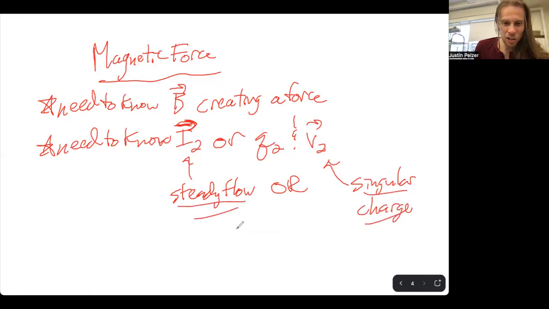You can have a single electron moving in this direction at some velocity v, and it's like its own little mini current, isn't it? A singular proton moving is like a little bit of current. It's almost the tiniest unit of current you can get. And you can say, okay, that charge per time is a little value for I. And so we can actually do this for a singular charge or a steady flow. That's supposed to be a vector sign.